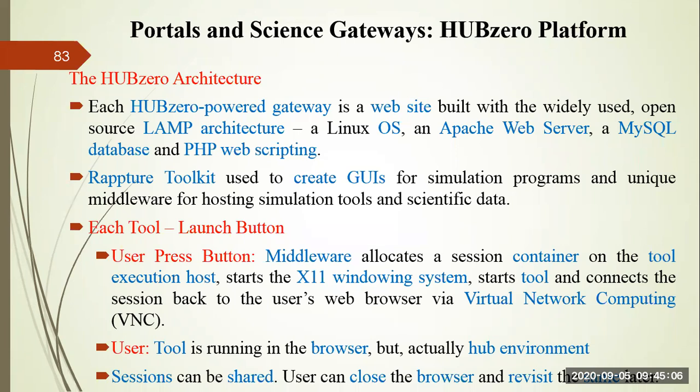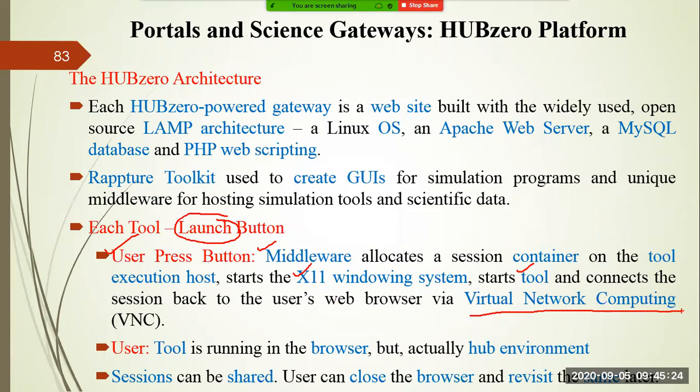So once you launch a particular instance, once you click this launch button, when the user presses this particular button, the middleware's job is to start the operating system, and start the tools and connect the user's web browser with virtual network computing. This virtual network computing will connect to the resources so that efficient resources can be provided to the user.